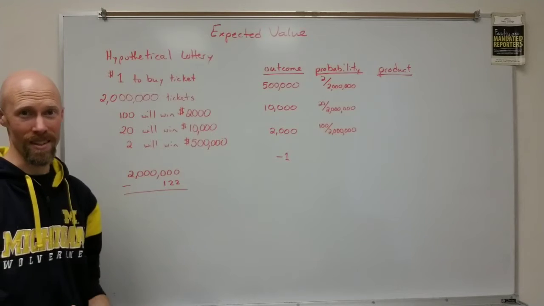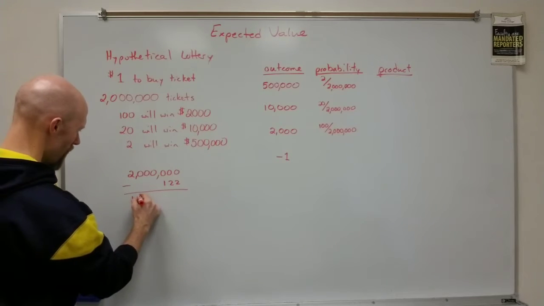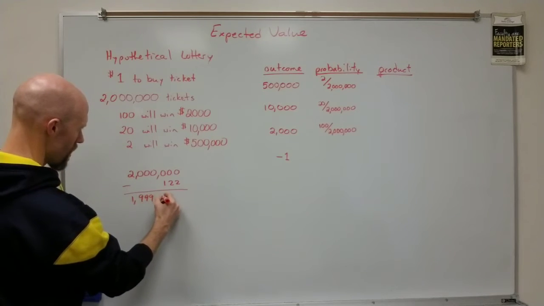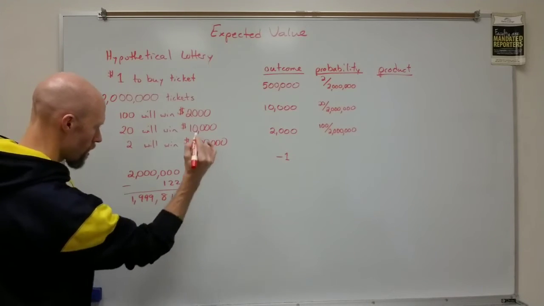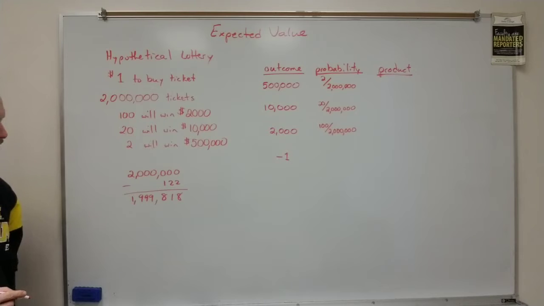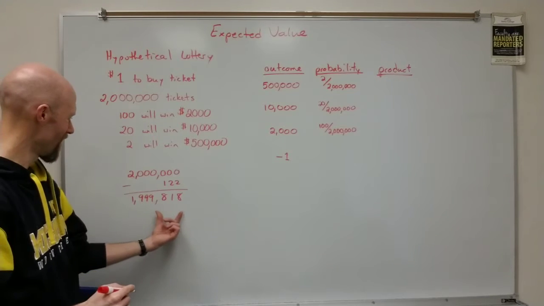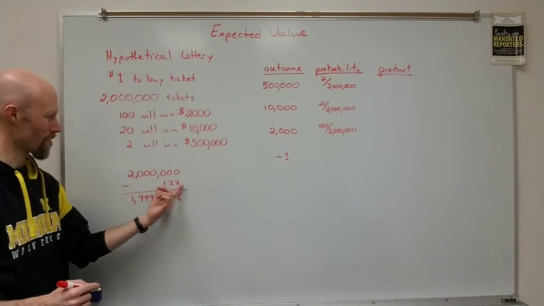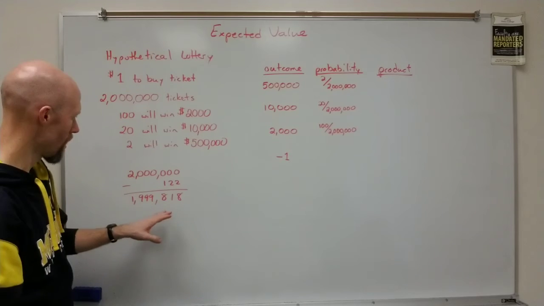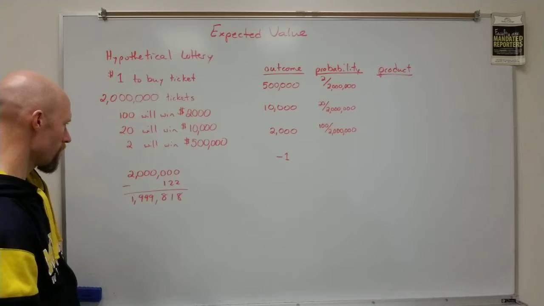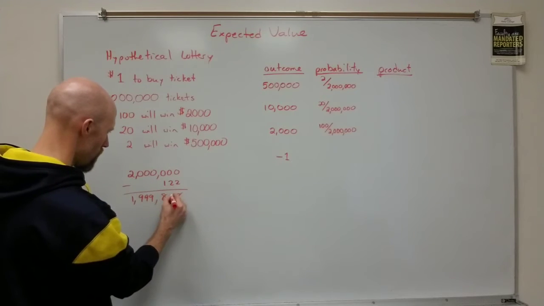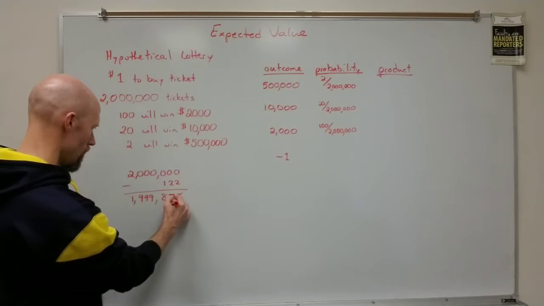Okay, so it's a lot. It's 1,999,000... What's that? 818, I believe. Carrying in my head. No. Take 122 off of 1,000, you get 878. Did I do that wrong? I did. The carrying is terrible.